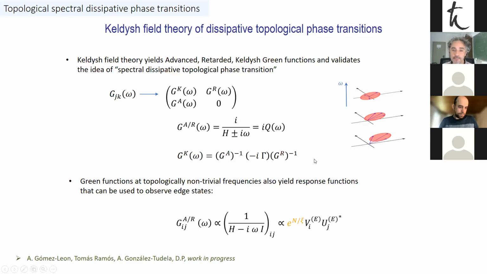And in this formalism, all these Green functions have a similar description in terms of the inverse of an effective Hamiltonian. So we can extend our formalism to predict properties and to describe the Keldysh generating functional in terms of a winding number that depends on the frequency.